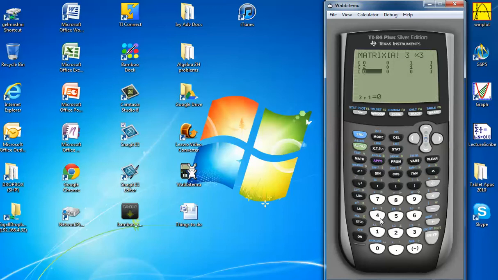Then 2, 2, and 1. I'm going to quit. Then when I go back into the matrix, there's a whole bunch of matrix operations. We're only going to use the first one here. That stands for determinant. Then I have to go back to the matrix and call up matrix A. So we get 4.